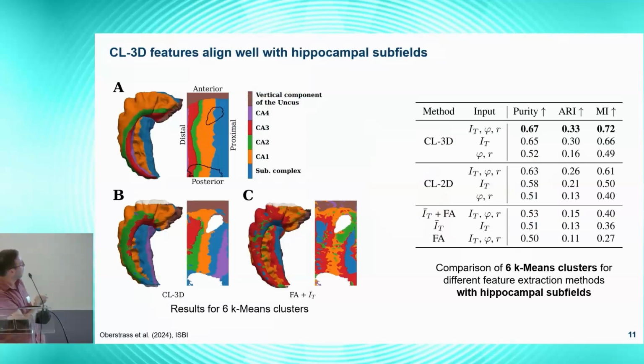What we could of course see is that these features align well with these hippocampal subfields, and in the paper this was compared to features derived from more classical approaches, fractional anisotropy, and some other measures where we use the same approach of PCA clustering and so on, and we could see that these contrastive learning features were much more powerful, much more precise in explaining the subfields.